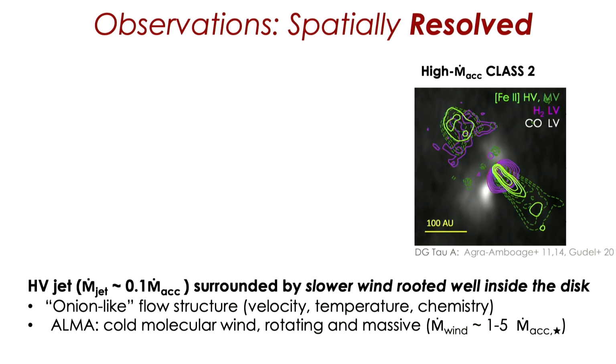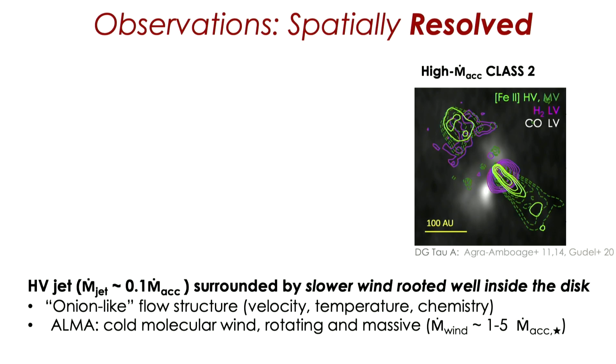In terms of observations, first the spatially resolved outflows, since we have made a lot of progress since PP6. In PP6, we only knew about one source where we had evidence for disk winds, and this is DG Tau A, the T Tauri star.